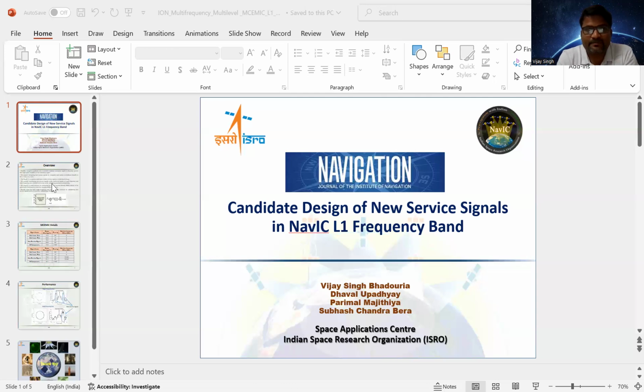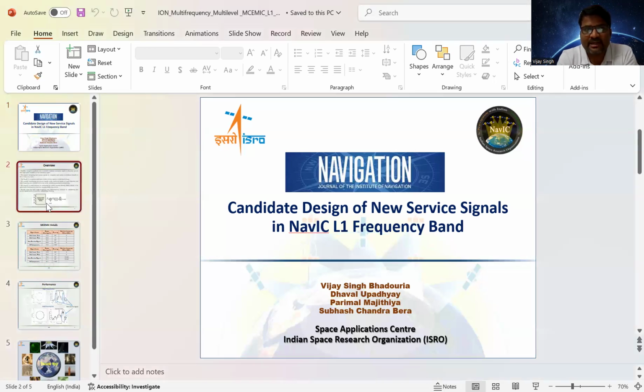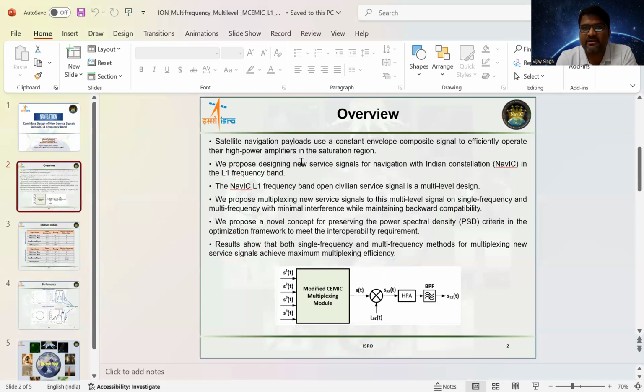We already know that satellite navigation transponders transmit constant envelope signals so that they can operate their high power amplifier in a power efficient way, in saturation mode. This is very important in a navigation transponder. But as discussed, L1 band is congested.